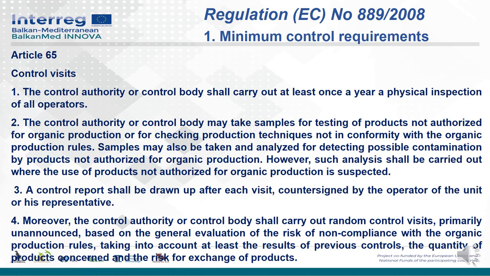Moreover, the control authority or control body shall carry out random control visits, primarily unannounced, based on the general evaluation of the risk of non-compliance with the organic production rules, taking into account at least the results of previous controls, the quantity of products concerned, and the risk for exchange of products.